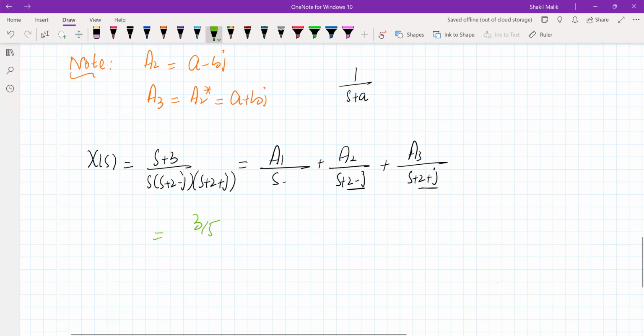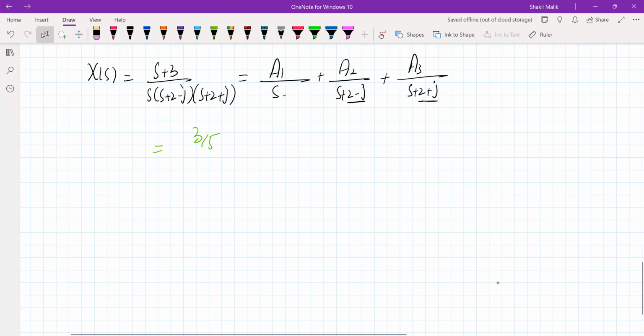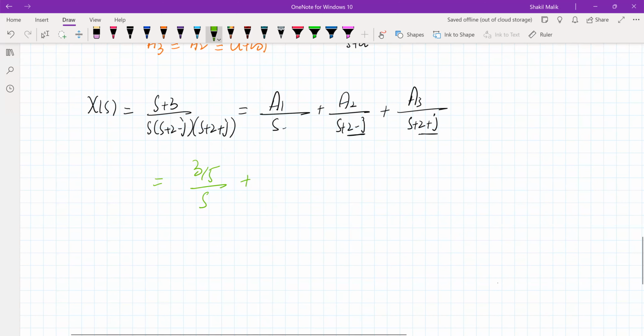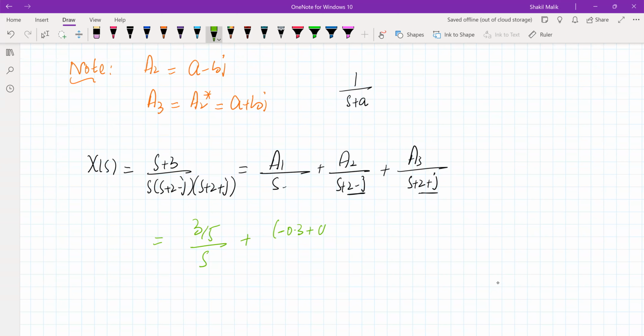Yes, it is 3 by 5, divided by s, plus A2, which is minus 0.3 plus 0.1 j, divided by s plus 2 minus j, plus A3, which is minus 0.3 minus 0.1 j, divided by s plus 2 plus j.